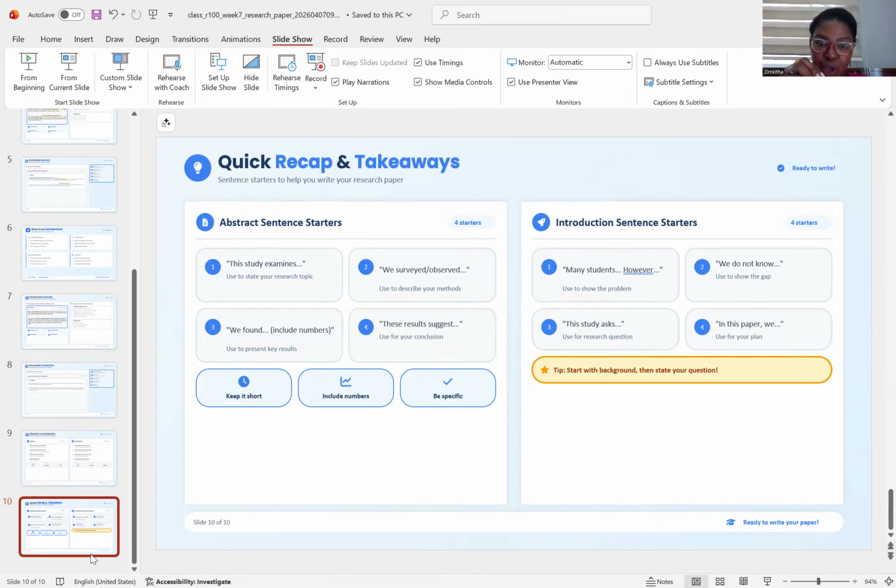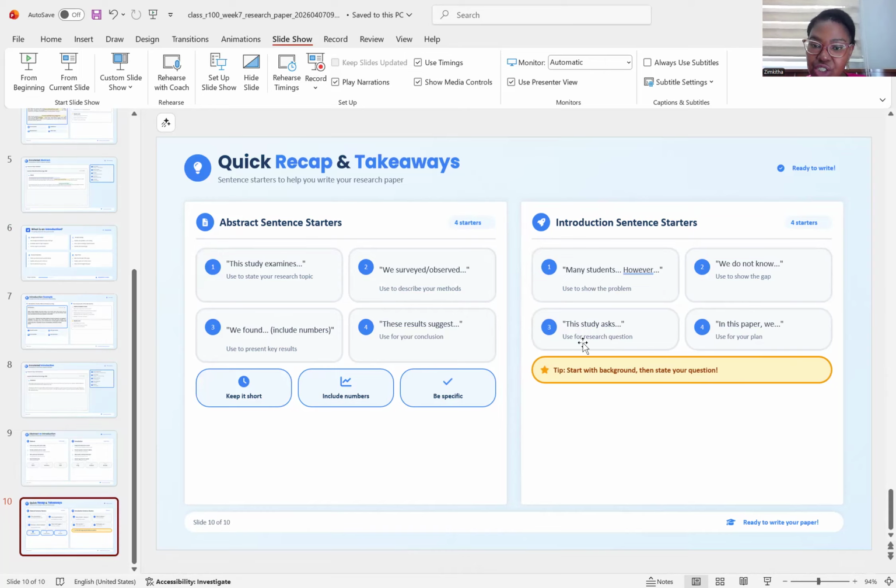We surveyed, we observed. Those are very good starters, and they're written in the past tense. We found, which tells us about a result. Again, results do not go into the introduction, okay? But in an abstract, yes, these results suggest, etc. Okay? So we keep it short, it includes numbers, and we are very specific.